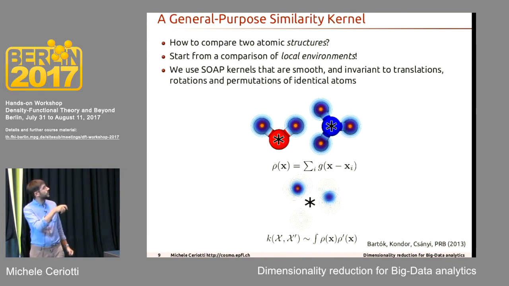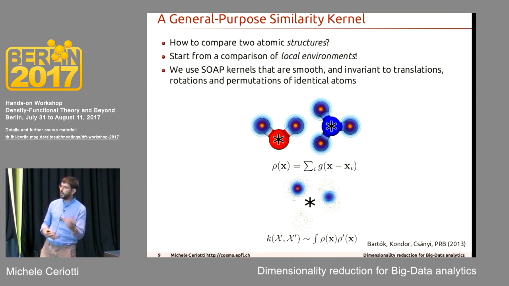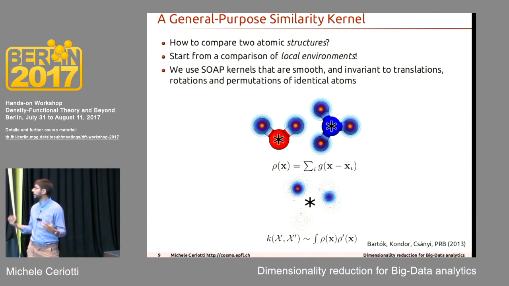Then you overlap the centers, and you compute the overlap integral between the two Gaussian densities. Actually, as you will see later on, I think that one should think of these densities more as probability amplitudes, because then this overlap integral becomes really equivalent to a scalar product between two wave functions. So I think that this reveals some analogy between this way of comparing two environments and some sort of quantum mechanical description of the system.